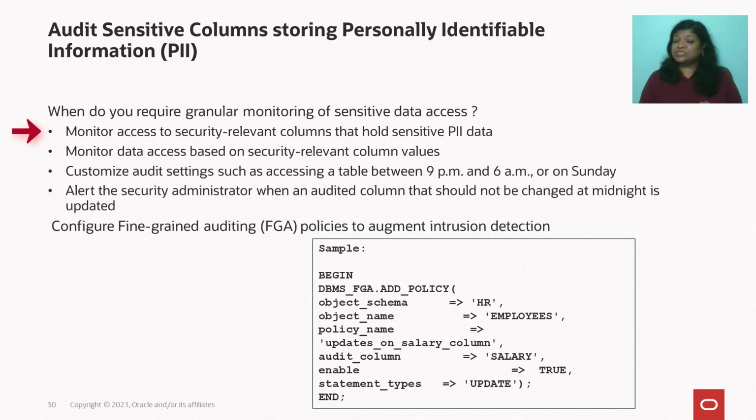You might want to monitor the security-relevant columns that hold sensitive PII data, or you might want to monitor the data access based on security-relevant column values, or you might want to customize the audit settings to monitor a table during the odd hours of the day, or you might want to alert the security administrator when an audited column that should not be modified gets changed. A sample FGA policy that tracks anyone trying to access and modify the salary column of the employees table in the HR schema might look like the following.